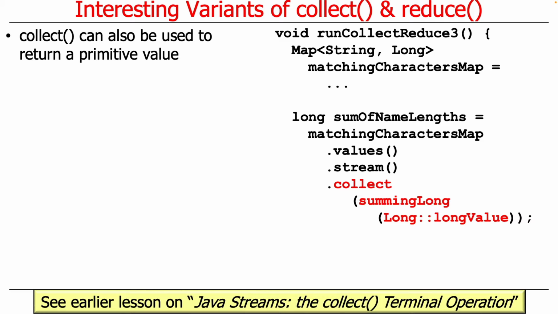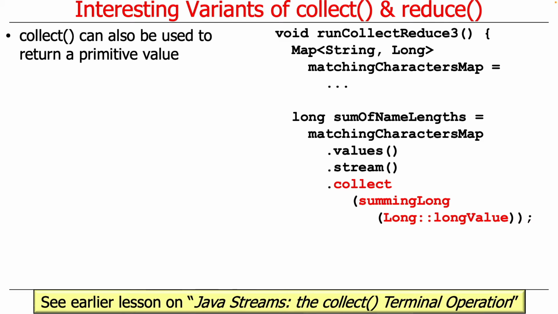Interestingly enough, you can also use collect to return a primitive value. Not the most common way to do things, but it's certainly possible. So here's how we could use collect in lieu of reduce. As you can see here, we've got our matching characters map.